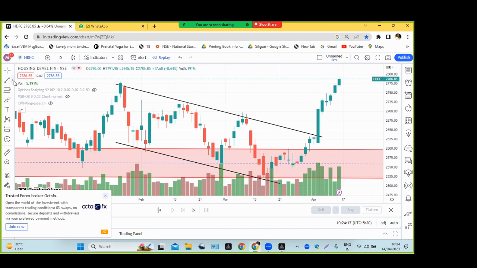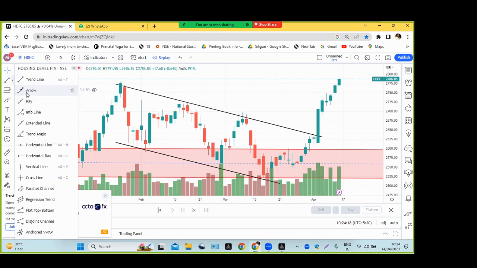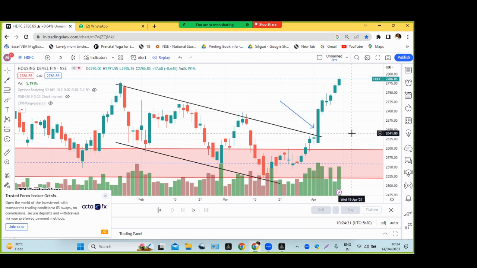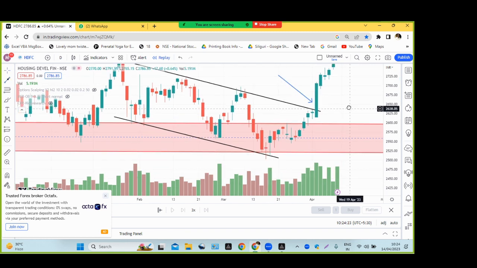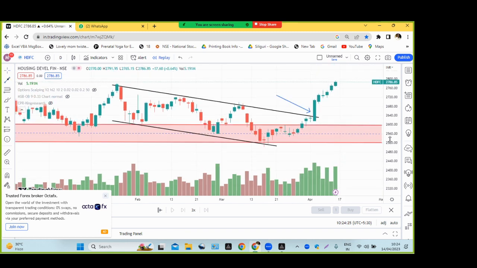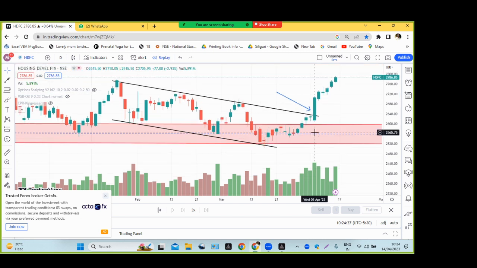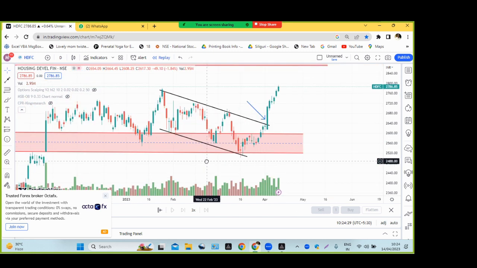So if you see this candle, what is the story there? See this carefully. I'm zooming a bit smaller. Don't you see there is a big breakout? But before this breakout, the stock spent so many days.